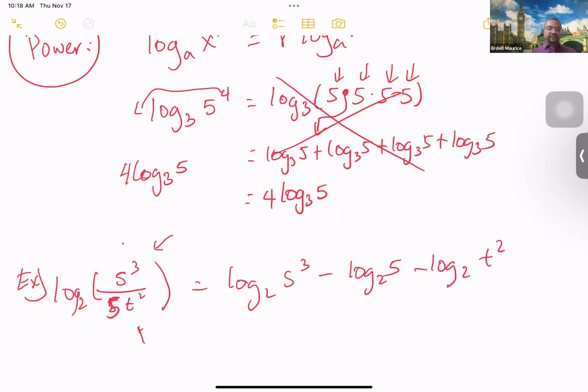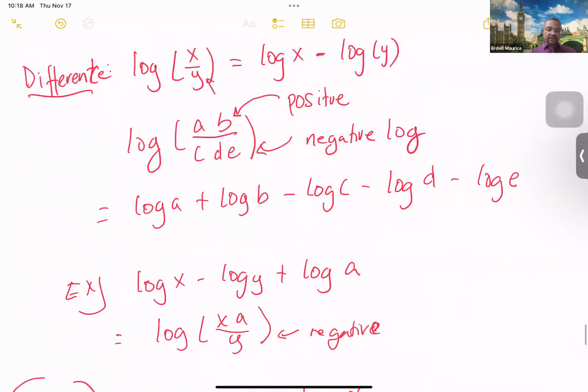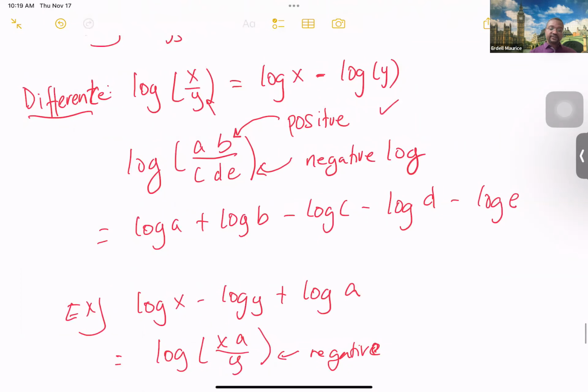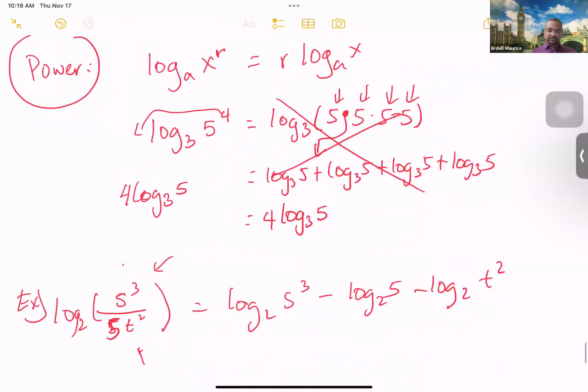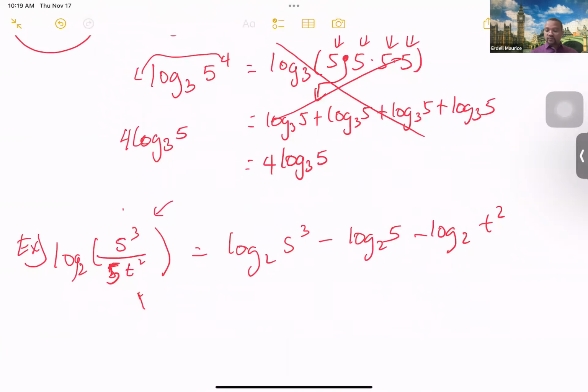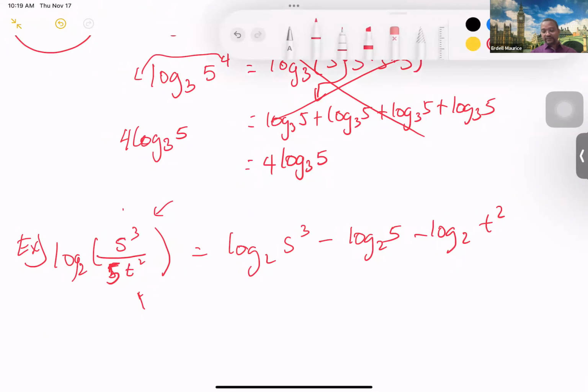Again, following our basic rules from up here, if you are in the numerator, you're positive. If you're in the denominator, you're negative. But now I need to just move the powers out front.